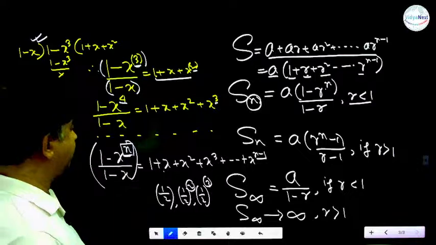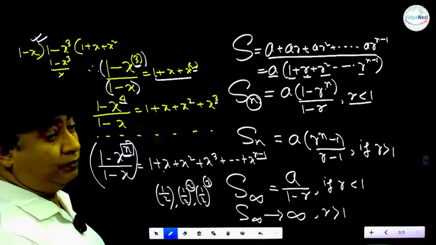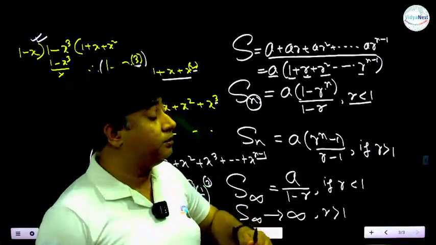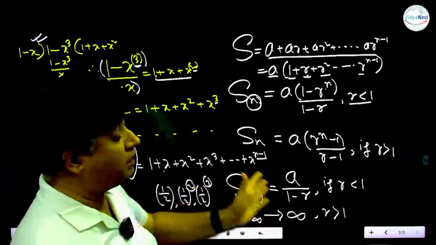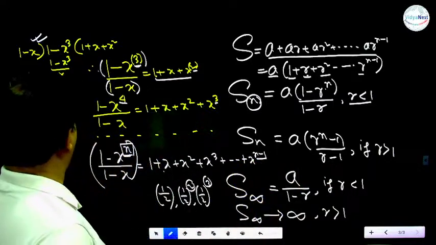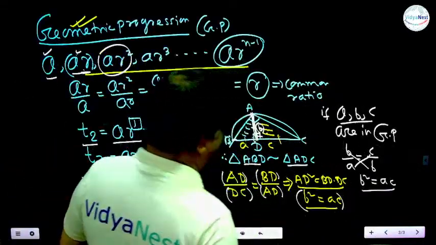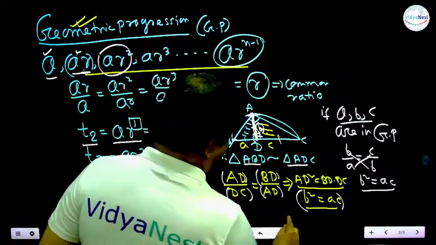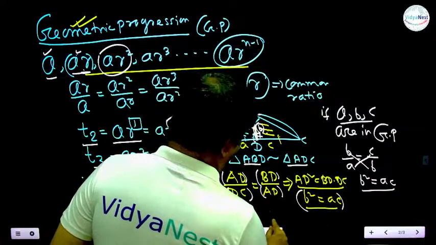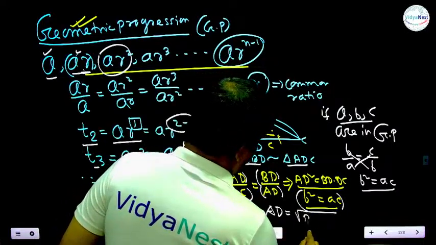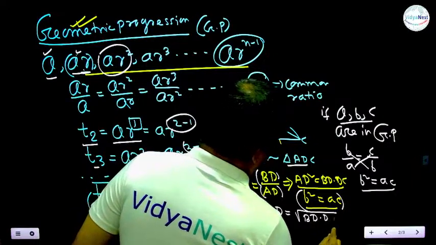ठीक है. नाउ हमको तो अरिथमेटिक मीन तो पता चला. तो अरिथमेटिक मीन है तो जियोमेट्रिक मीन भी होगा. बिकॉज ये जो जियोमेट्रिक फिगर हम ड्रॉ किया था, यहाँ पे क्या है? AD क्या होगा? AD root BD minus DC.